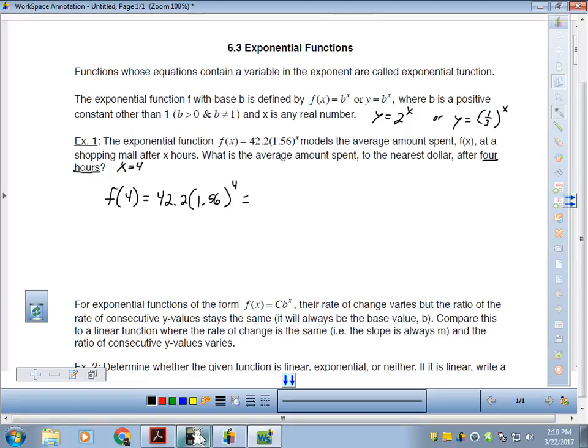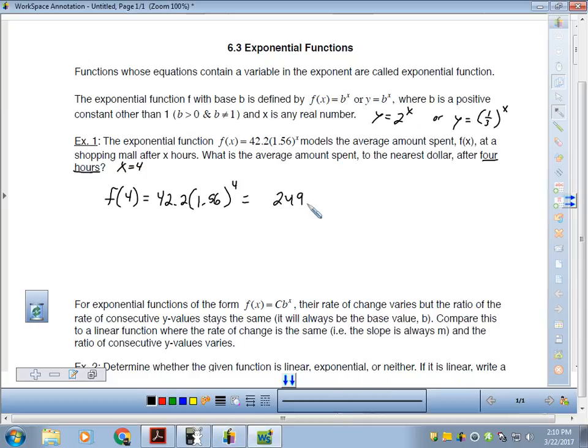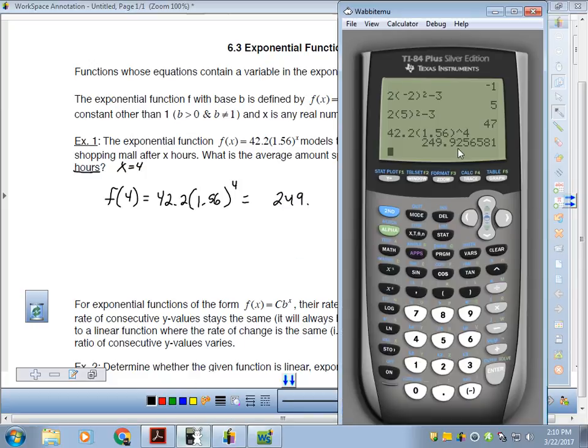And so then I'm going to go to my calculator and see what I get. 42.2 parentheses 1.56 close parentheses, and then I do a caret for my power, and I put 4. And so there's my answer, 249.93.